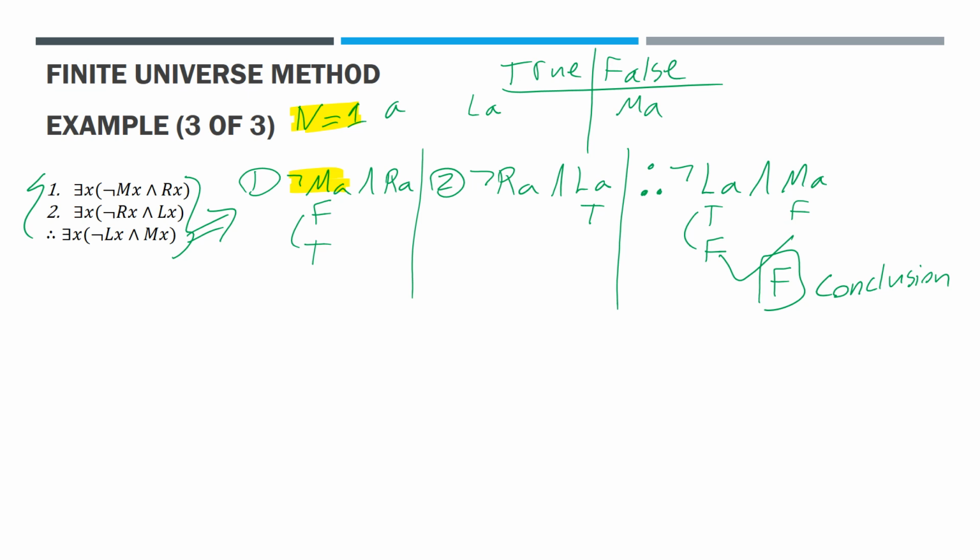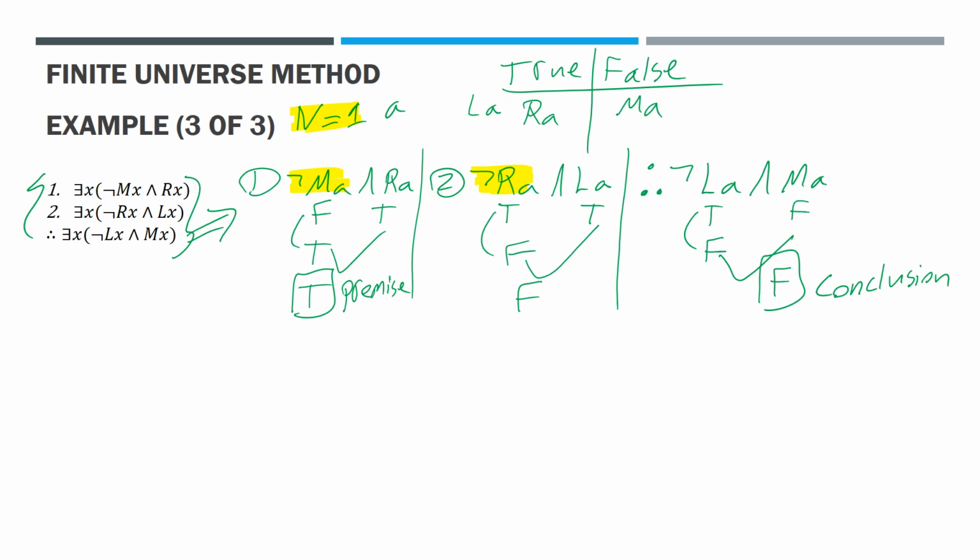So premise 1, not MA, true. Now RA has to be true in order for this conjunction to be true, to get a true premise. However, with premise 2, we have this not RA. If we say RA is true, and that's being denied, we get something that's false, we will get a false premise there.